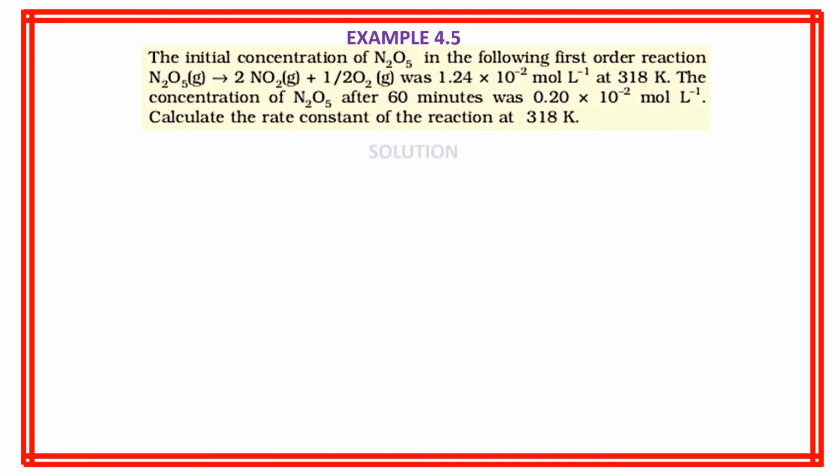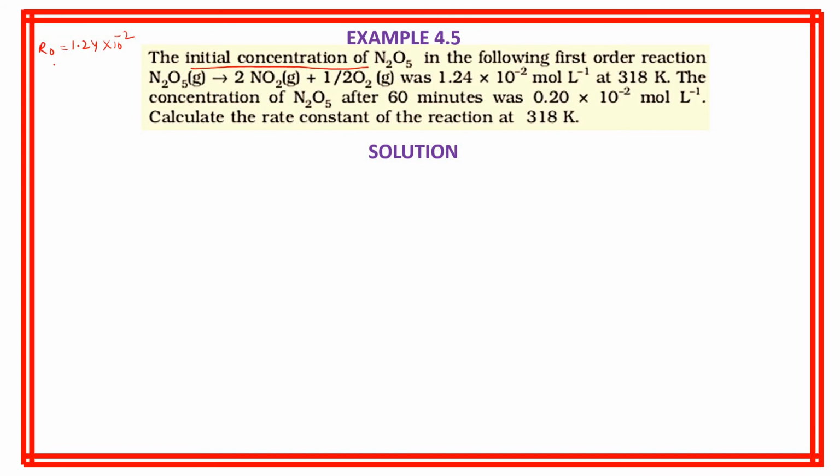Let me do a small problem on this one. In this, what they have given is the initial concentration of reactant N2O5. Initial concentration R0 is given as 1.24 into 10 to the power of minus 2.